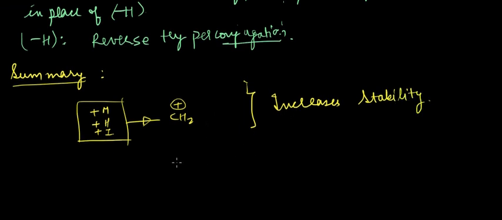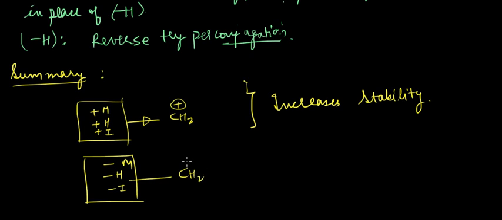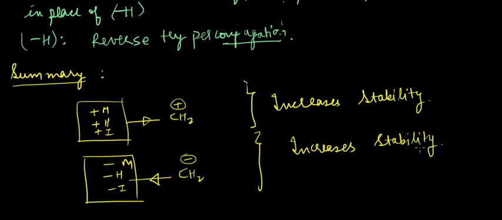Okay, and if we have minus M, minus H, minus I attached to a carbanion, then it also increases stability.